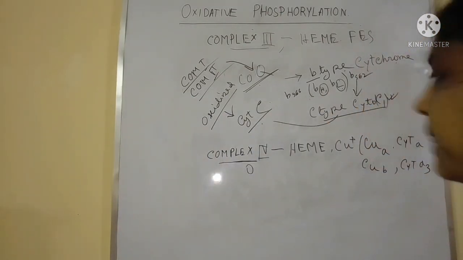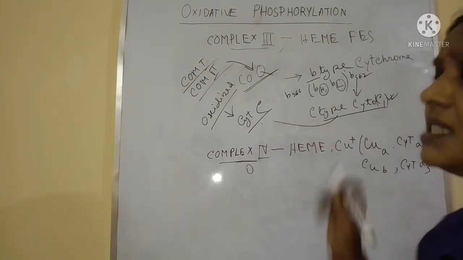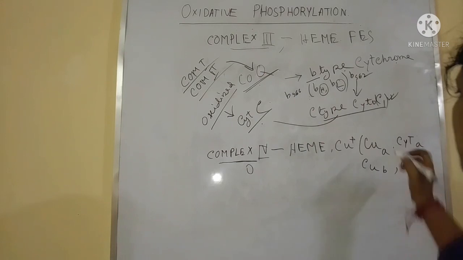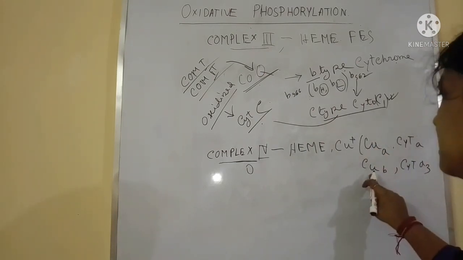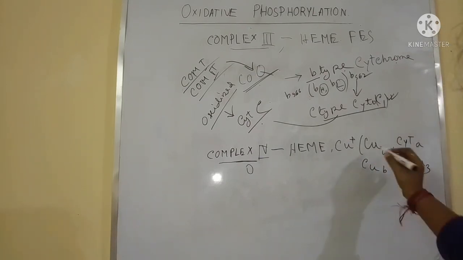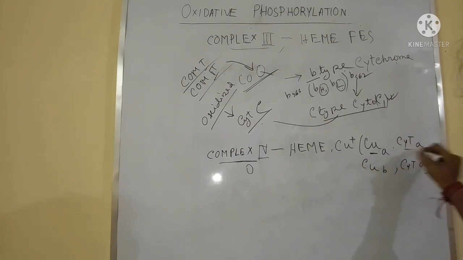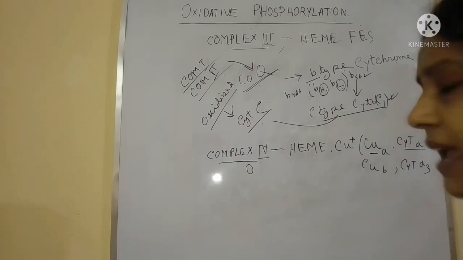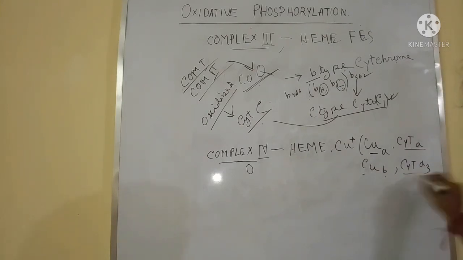Okay, the two electrons in that way are transferred to the oxygen molecule, and generally complex 4 carries 1 electron for each copper ion. Okay, and here are 2 copper ions. I explained that. What is copper A and copper B? So CuA, 1 electron goes to CuA and to cytochrome A. And the second electron goes to CuB and to the cytochrome A3.